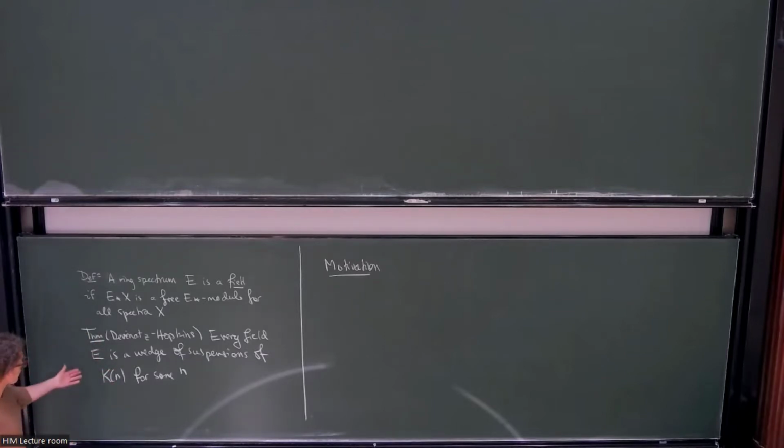The proof goes: you take E, you smash it with Kn, and you prove that this definition implies that if you take E smash X, it's going to decompose as a wedge of suspensions of E. So then you smash these two with Kn, and you observe that because E is a ring, Kn star of E is not 0 for at least some n. Then you pick that n, you smash these together, and because Kn is itself a field, it splits as a wedge of suspensions of these things. So I'm not sure about the comparison to algebra.